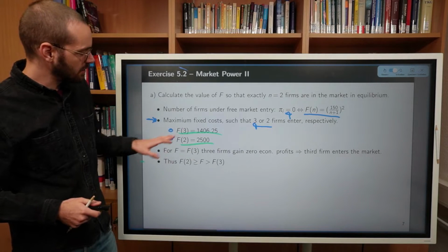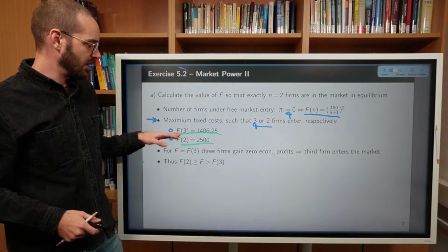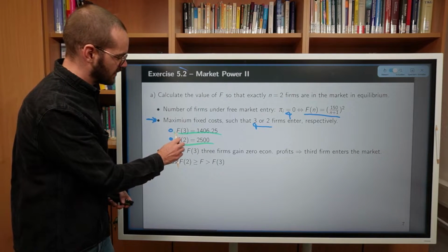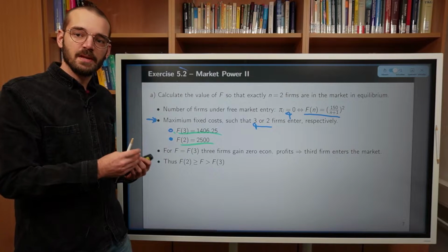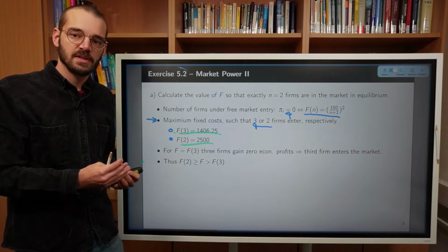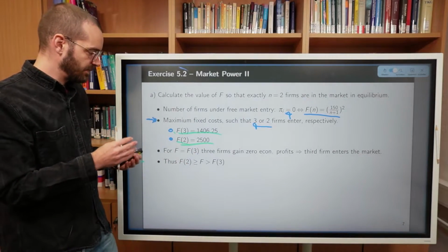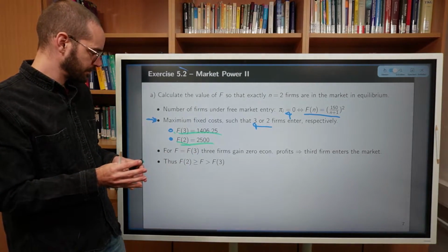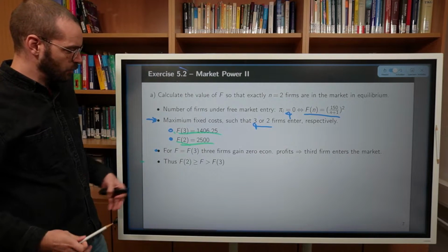Because fixed costs, just to reiterate, need to be just larger than the value that arises for f of 3, and at the same time fixed costs can be at most equal to the value that arises for f of 2. Okay, this all is summarized in these final 2 bullet points.